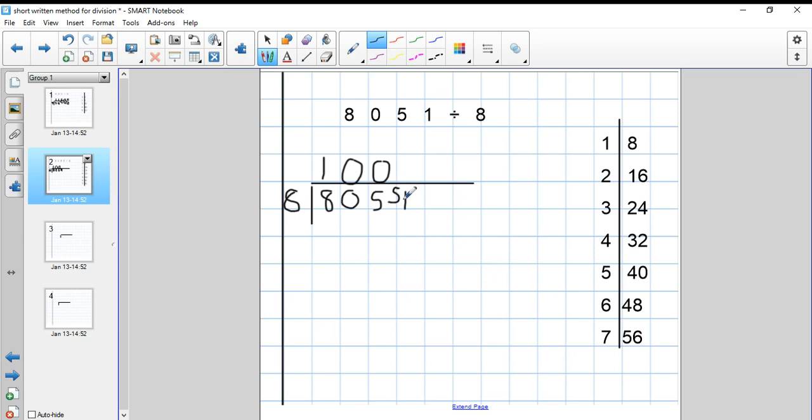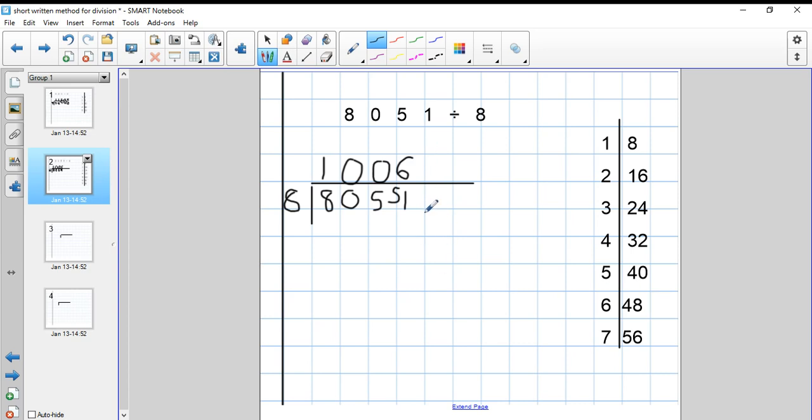So now I'm asking myself, how many times does 8 go into 51? The closest I can get to 51 in my 8 times tables is 48 over here, and that was 6 times 8. So 8 goes into 51 6 times, because 6 times 8 is 48, and that leaves me with a remainder of 3.